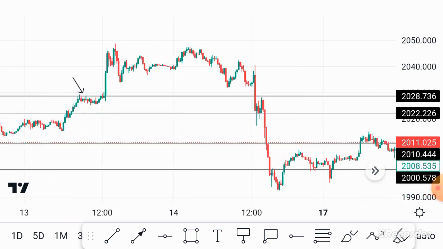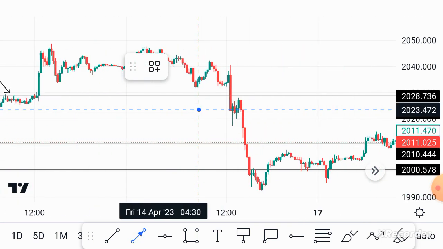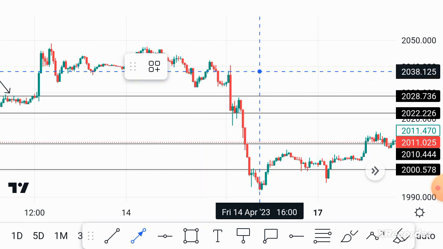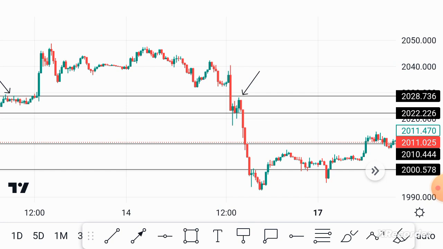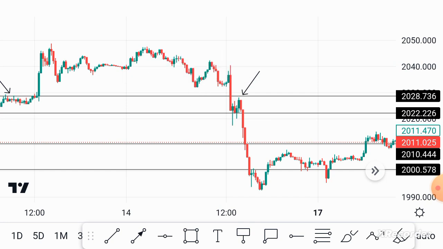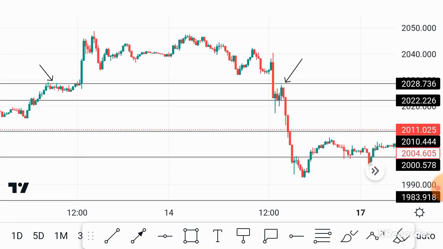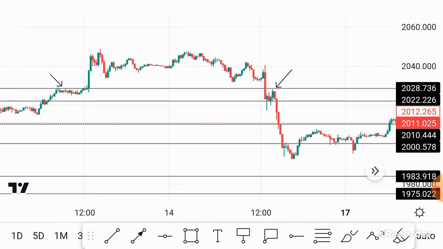We could also see it here that price came right here. It broke this very line and went down, and it gave us a pullback. It went back up to retest the line. However, I didn't make use of a rectangle tool.